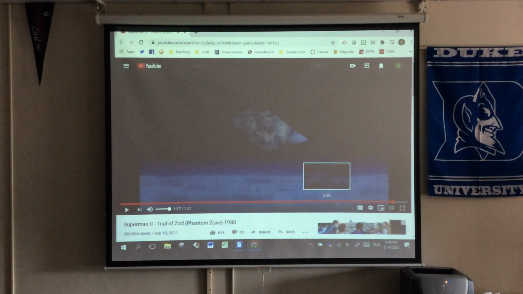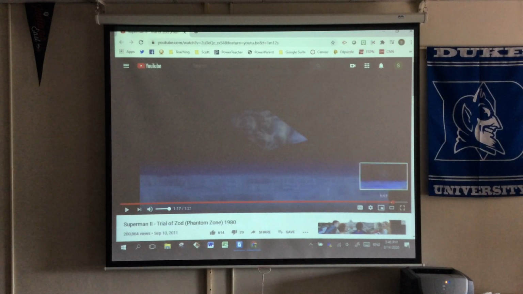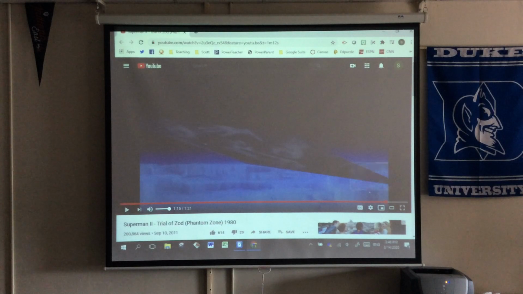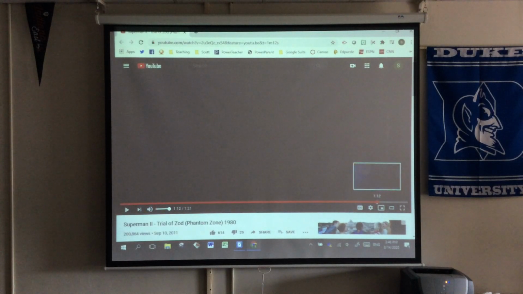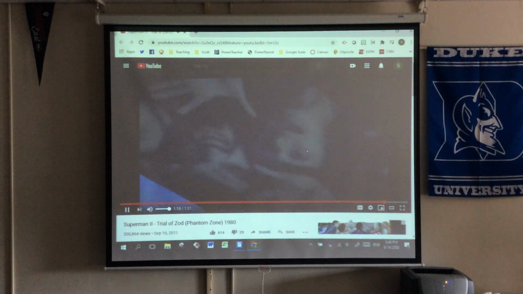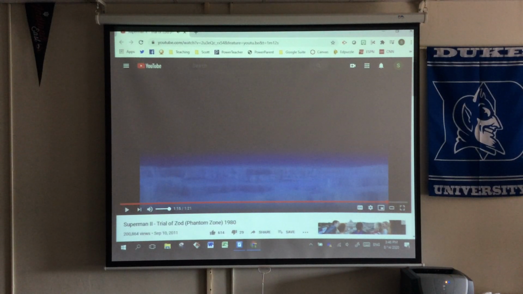Okay, now this is from the movie Superman 2, I think. Scroll this back a little bit and see if I can get this right. And I paused it in a way that the plane is still there, but you can't see it because it has no thickness.